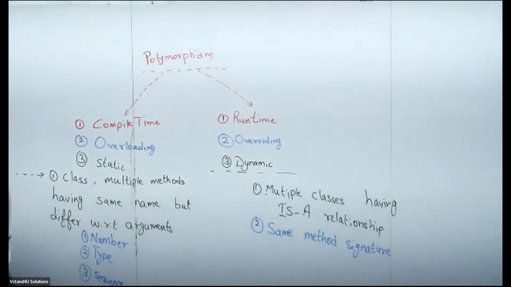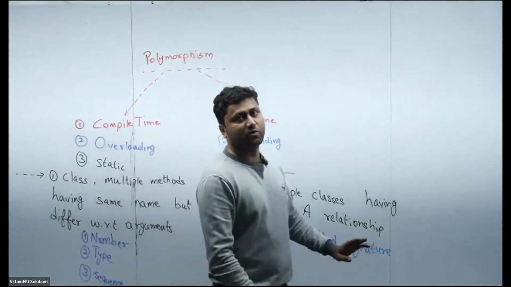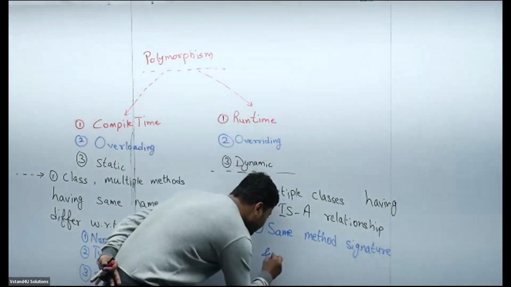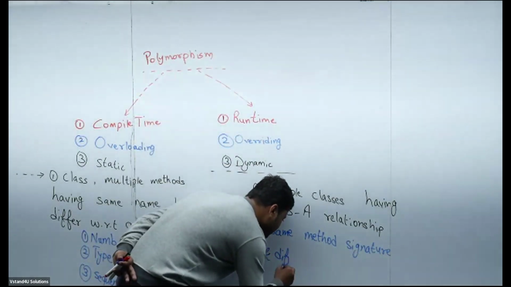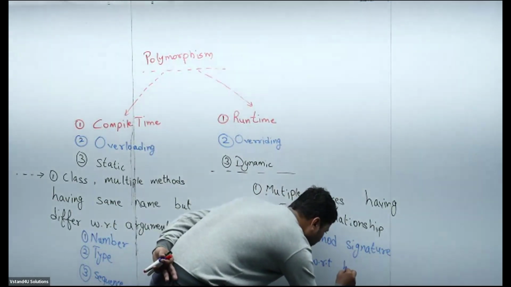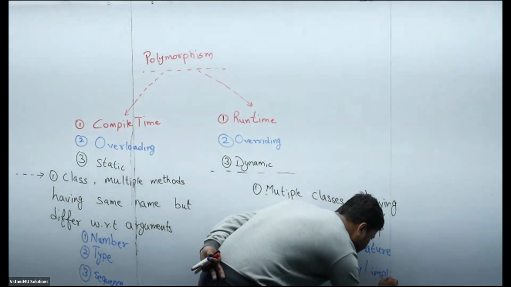Method signature means differ in terms of body? Yeah, we'll come to the body. Same method signature means the same method signature and differ with respect to body or implementation. Both are absolutely acceptable.